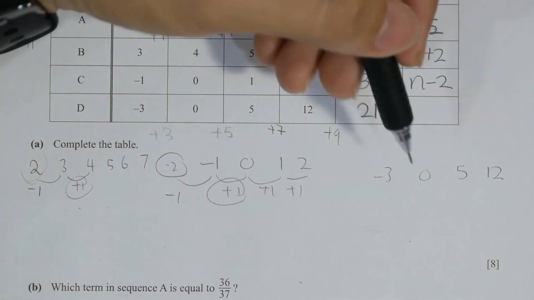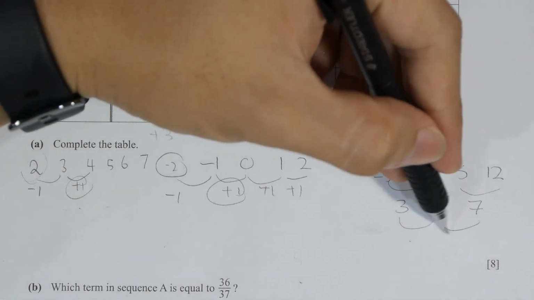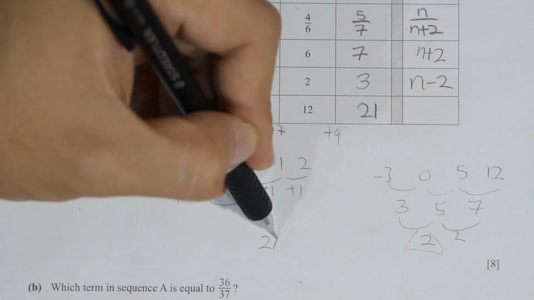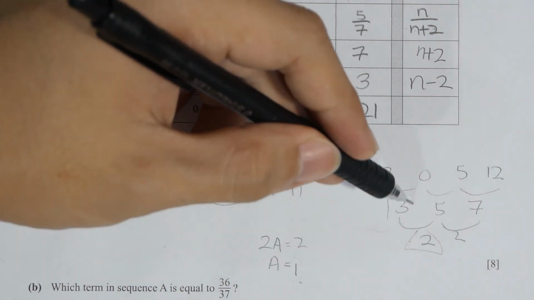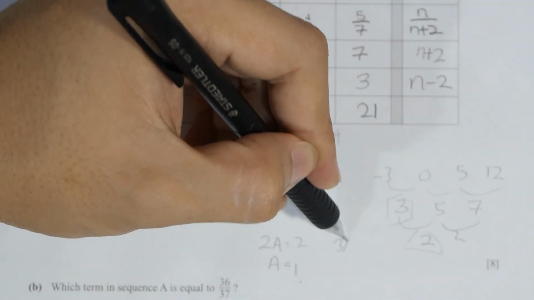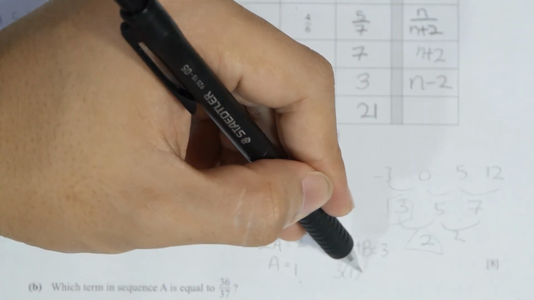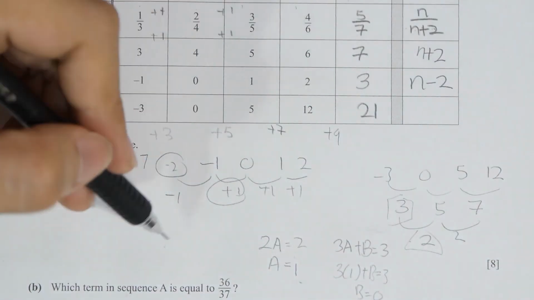Whereby for part D, so this is the part where we need to utilize the formula because it is a quadratic sequence. So 2 rows of the difference, okay, the last row is the same, then we can utilize the formula: 2a equals 2, a equals 1, 3a plus b equals 3, and a plus b plus c equals -3.